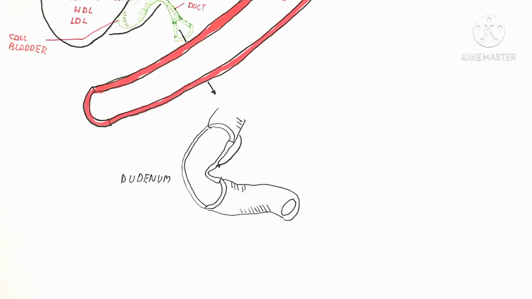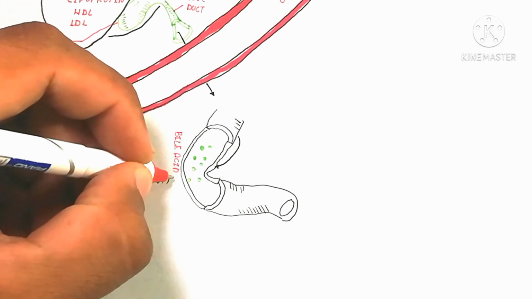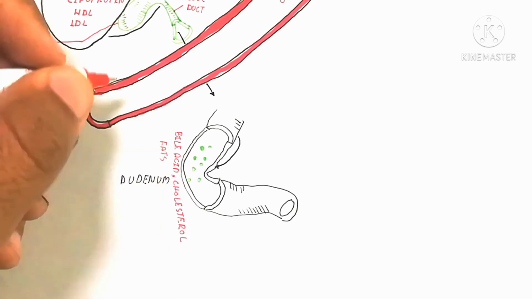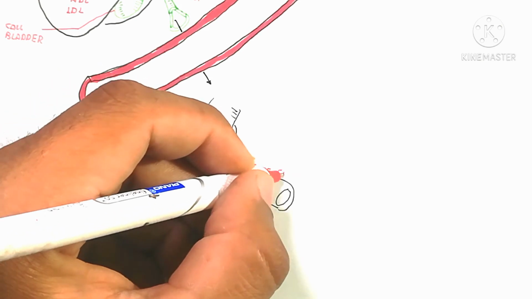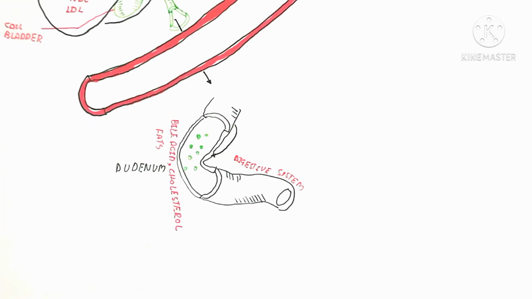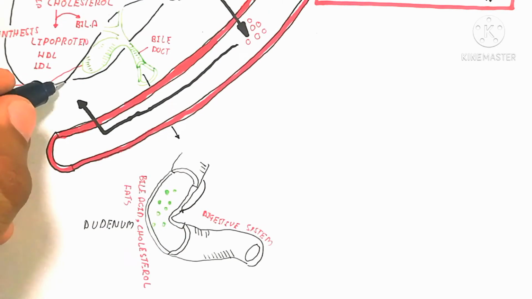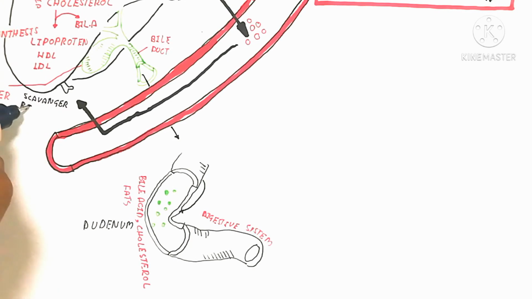Here is the digestive tract, the duodenum, where the bile duct opens and excretes bile acid, fats and cholesterol which are extra in our body. Extra bile, bile salts, fats and cholesterol are excreted through the intestine.